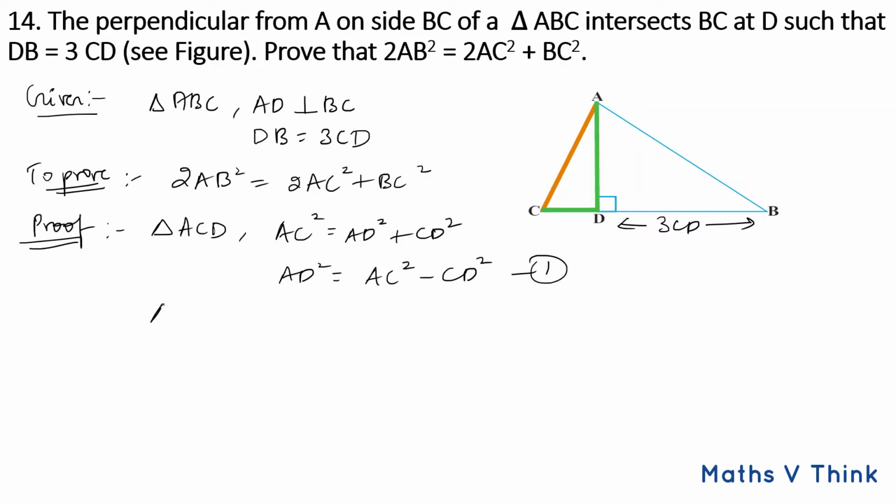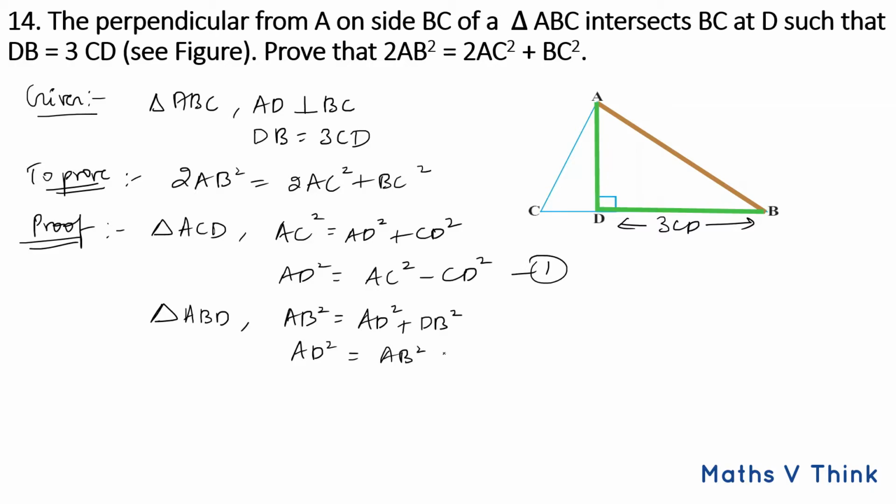Same way, taking triangle ABD in which angle D is 90 degrees, by Pythagoras theorem, AB square is equal to AD square plus DB square. Same way, keeping AD square and taking DB as minus, AB square minus DB square. So let this be 2.